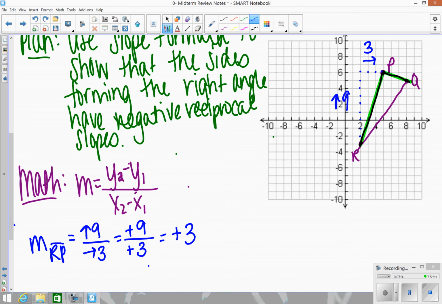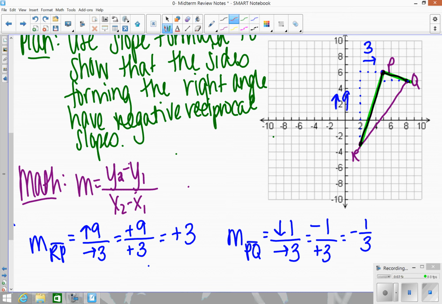So then we move to the slope of PQ. So starting at P, I had to go down 1 and then over 1, 2, 3. So down 1, right 3. So it's rise over run. So then that means down is negative, positive 3 on the bottom since it was right, which reduces to negative 1/3.